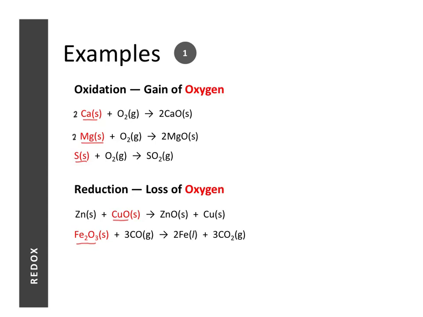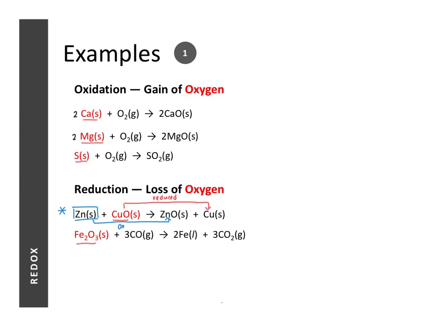Now, one reaction that I want you to pay attention to is this particular reaction. In this reaction, copper 2 oxide has lost oxygen through the reaction. So we say that copper 2 oxide has been reduced. Now, at the same time, I hope that you can see the other reactant, zinc. Through the reaction, zinc has gained oxygen.